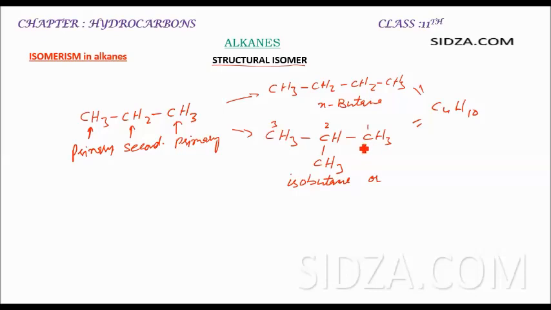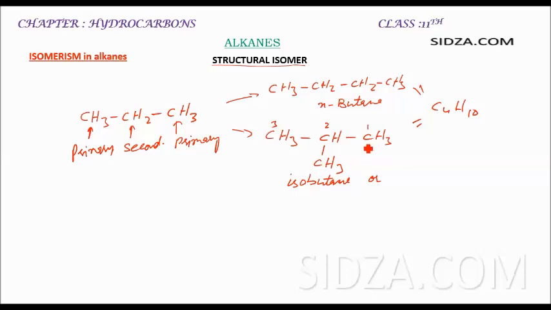This type of structural isomerism is called chain isomerism, because we have different kinds of structural isomers, and if you have a linear molecule and a branched one with the same formula, it is called chain isomerism.